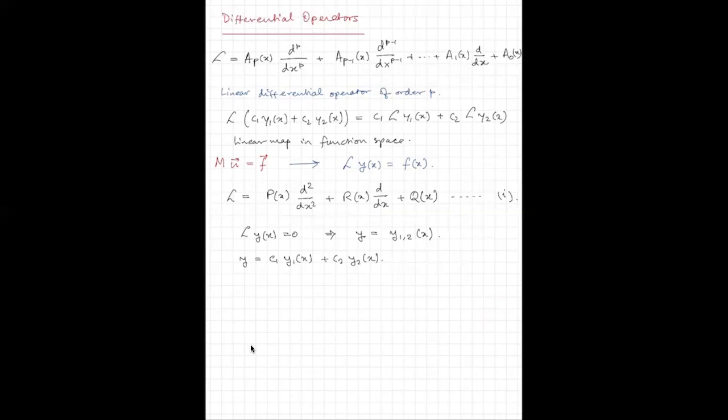When we are dealing with the inhomogeneous equation L of y(x) equal to f(x), then we seek a single particular solution y_p, and the general solution is then given by y(x) equals c_p y_p(x) plus c1 y1(x) plus c2 y2(x), right?